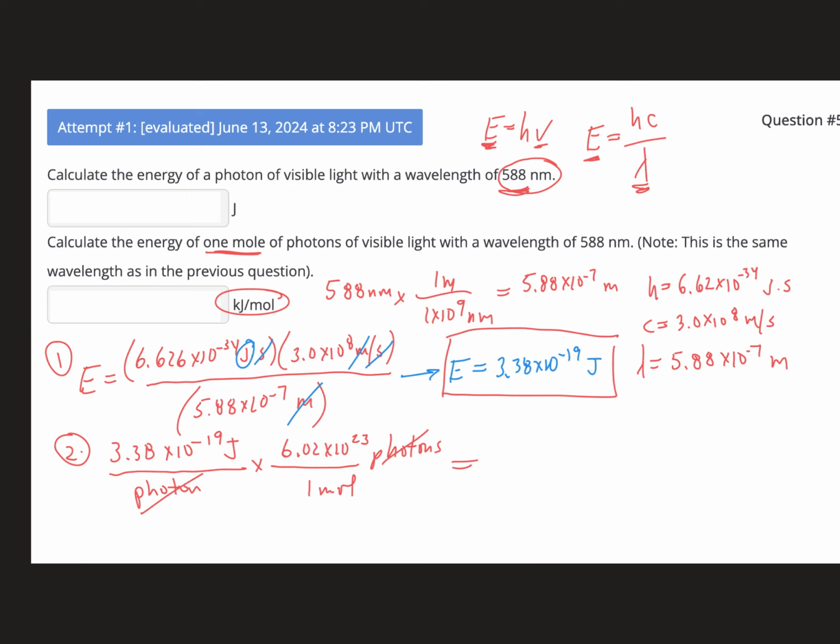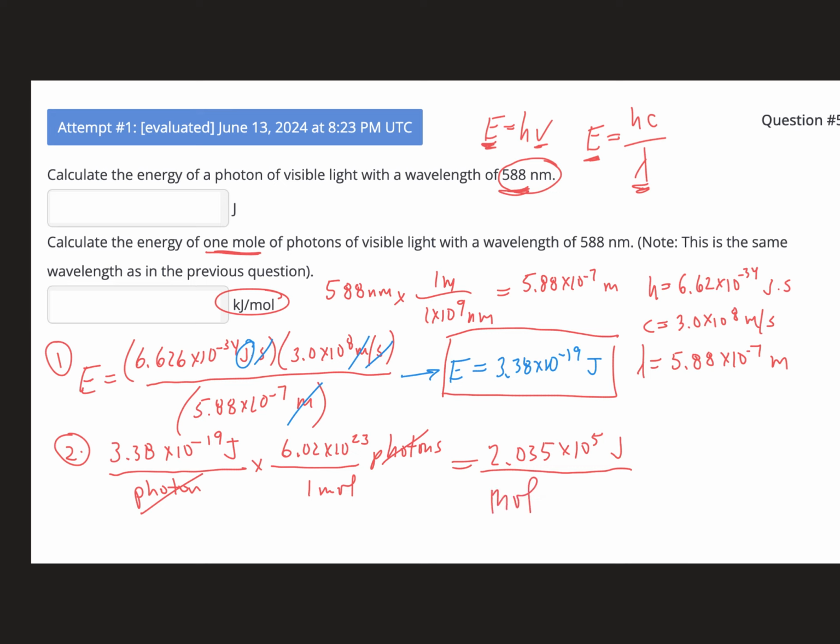Photons cancel out. After we multiply by Avogadro's number, now we're going to have the energy for a mole of photons. Multiplying by Avogadro's number gives me approximately 2.035 times 10 to the 5 joules per mole.